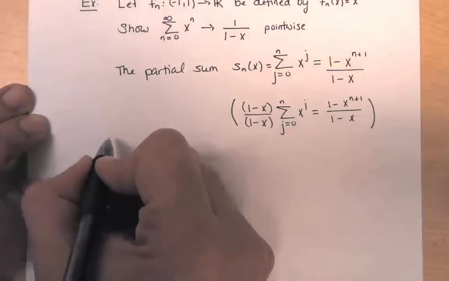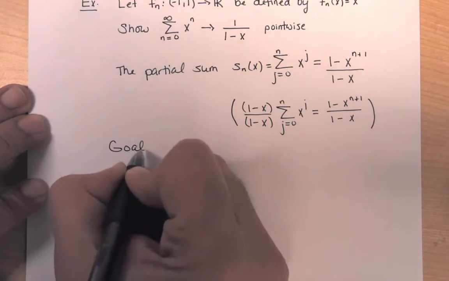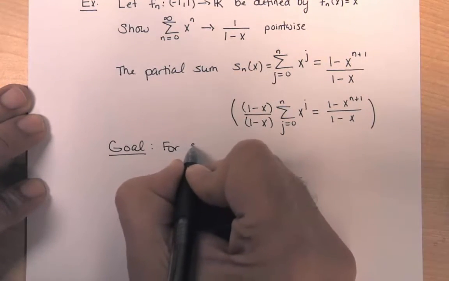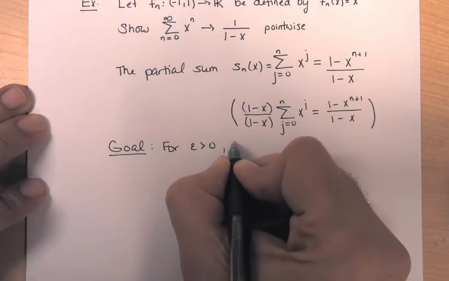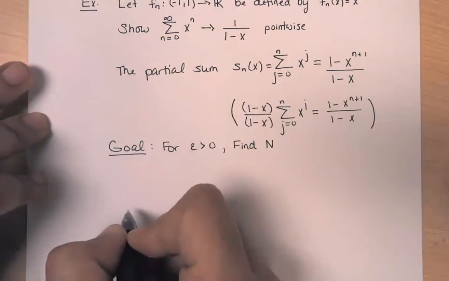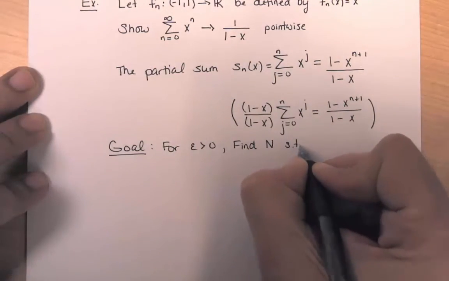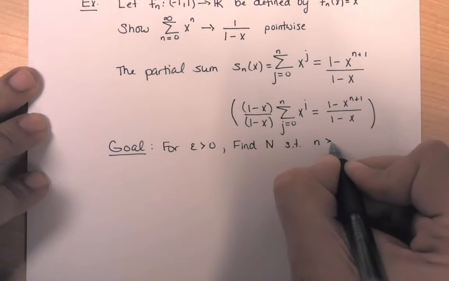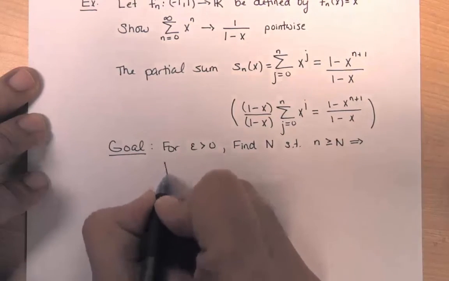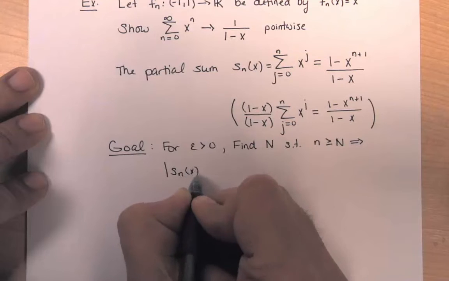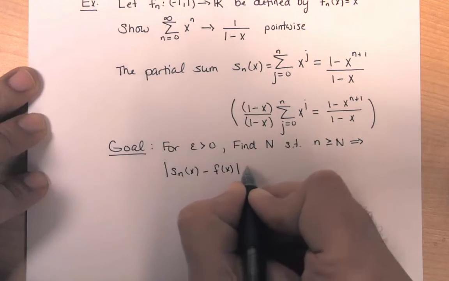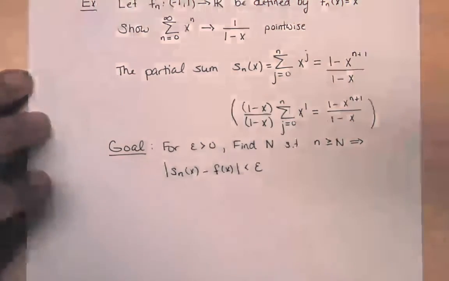Now my goal, for positive epsilon, is to find n such that if n is greater than or equal to big N, I get that the absolute value of Sn of x minus f of x is less than epsilon, right?